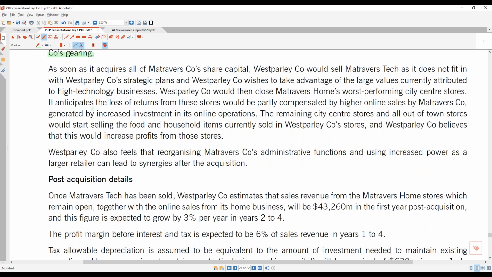As soon as it acquires Smartware's company share capital, West Parley would sell Smartware's stake. That does not fit in with West Parley's strategic plan, and West Parley wishes to take advantage of the large value currently attributed to high technology business.